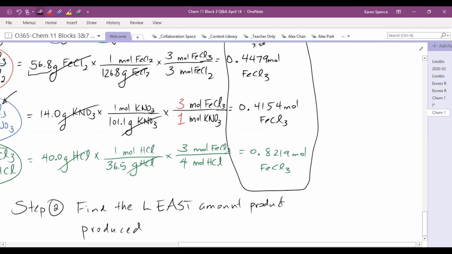So out of those 3, this one is our smallest amount. So who is the limiting reactant?